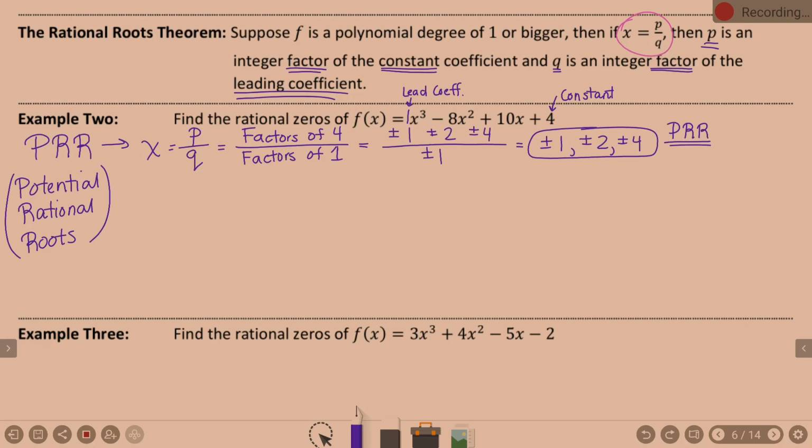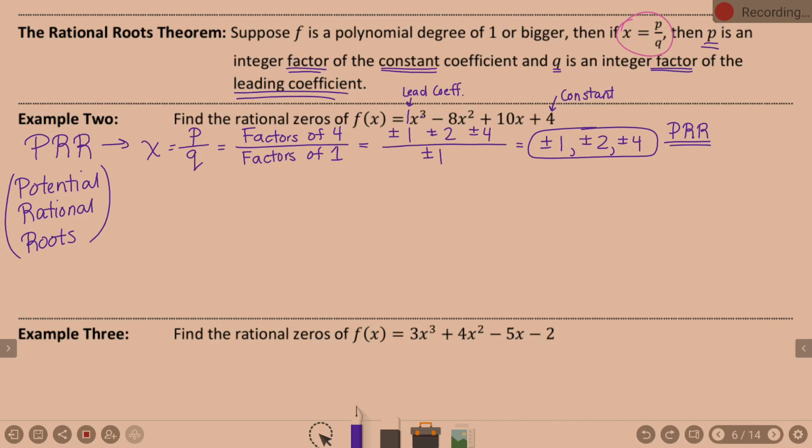There can only be 3 possible. My highest power is a 3, so this problem has 3 roots, 3 zeros, 3 solutions at most. They're not all necessarily rational, so maybe not even 3. Okay. Now, how can I figure out which of these 6 work? Plug them all in, but that would take forever.